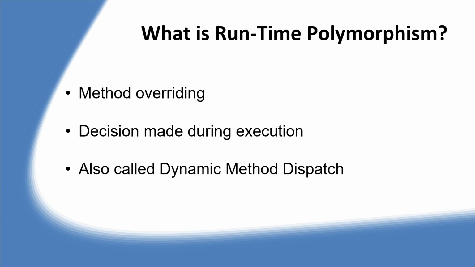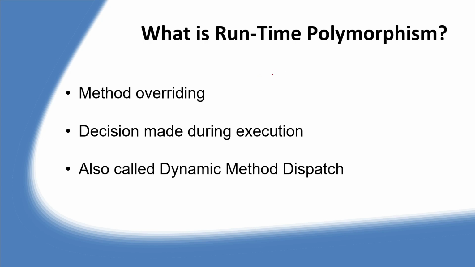So instead of selecting which method to execute during compilation, Java waits until runtime and executes the overridden method based on the actual object. How it is achieved? Using method overriding.